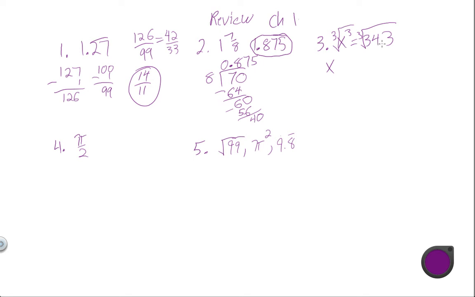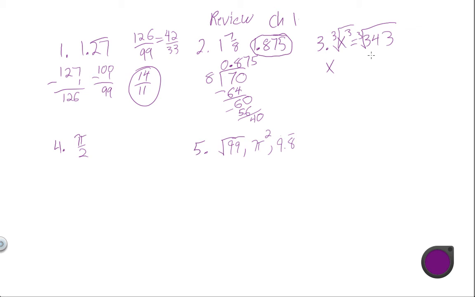A number times itself 3 times gives us 343. Let's look at 7 times 7, no. So we could just go by multiples of 343. Okay, that makes sense. So, sorry.